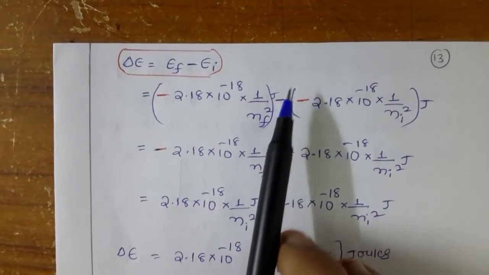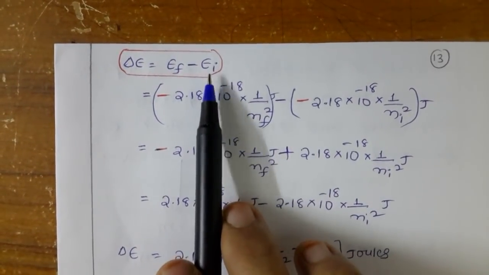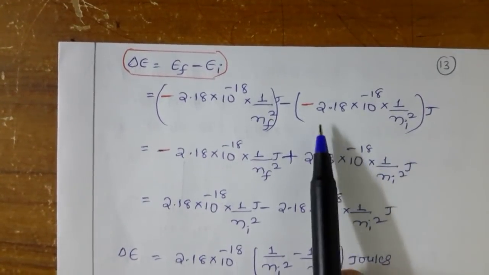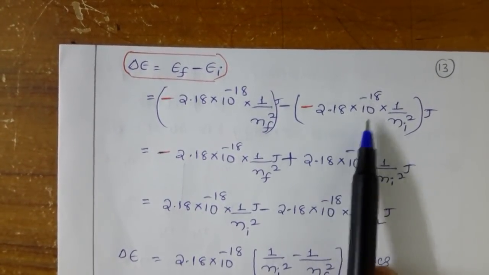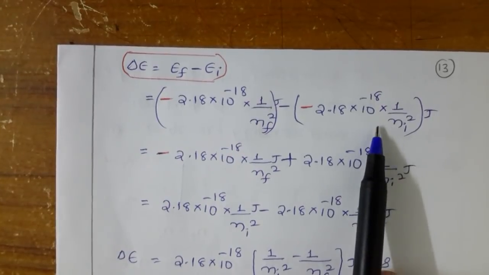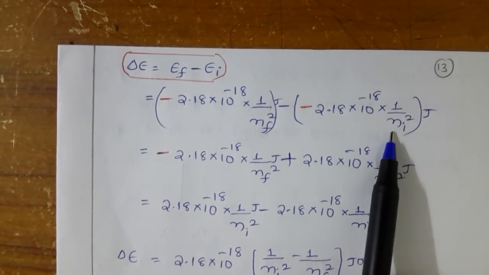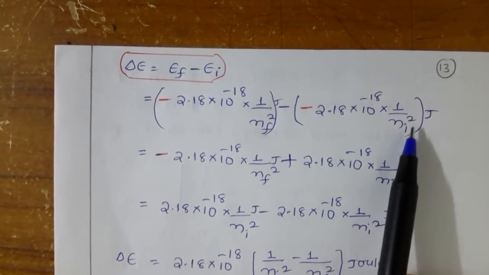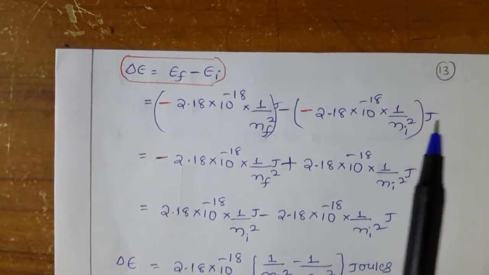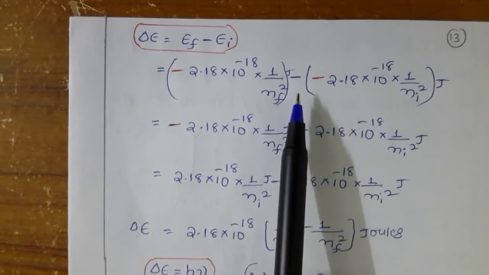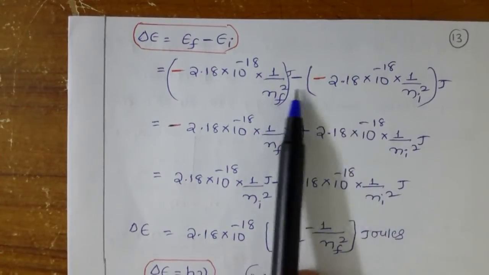Minus, into the initial energy formula, minus 2.18 into 10 to the power of minus 18 into 1 by n initial square joules. Okay, according to maths, you know very well, minus into minus what will happen here?